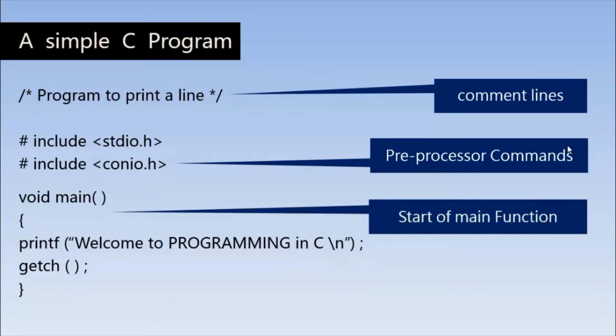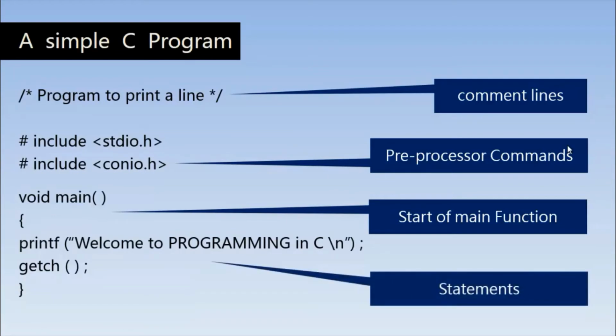Okay, so the start of the main function. So void main is the starting point of the main function. This is where the actual execution starts. In the main function, we have just two statements. One is the printf statement that is going to print the message on the output screen.